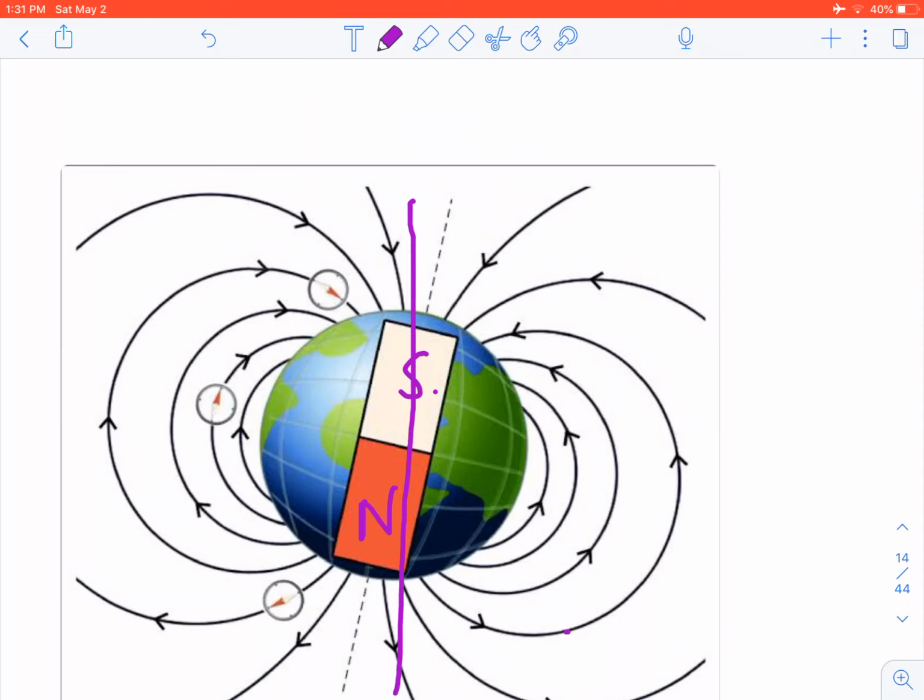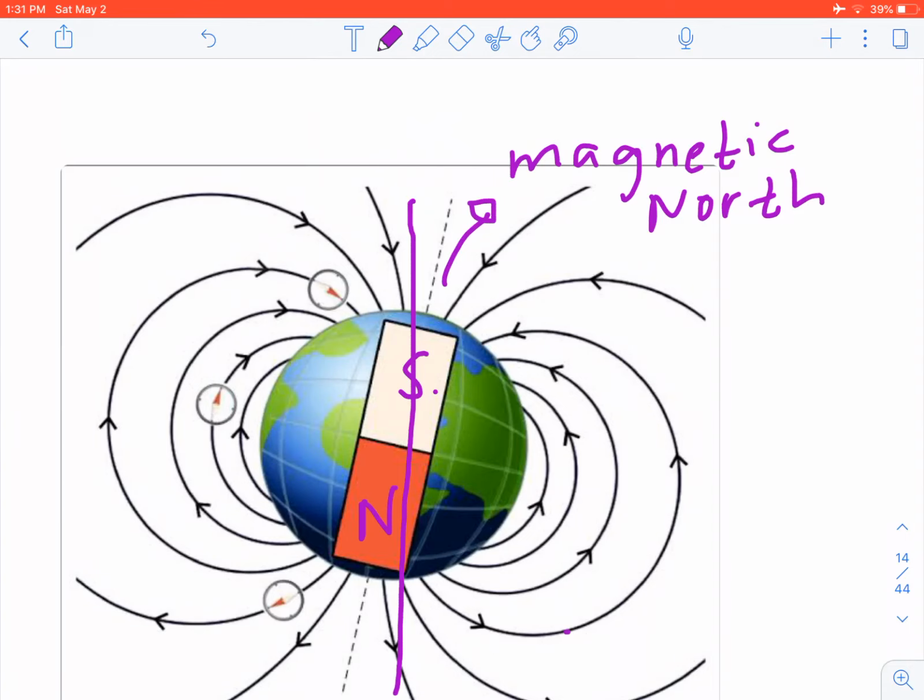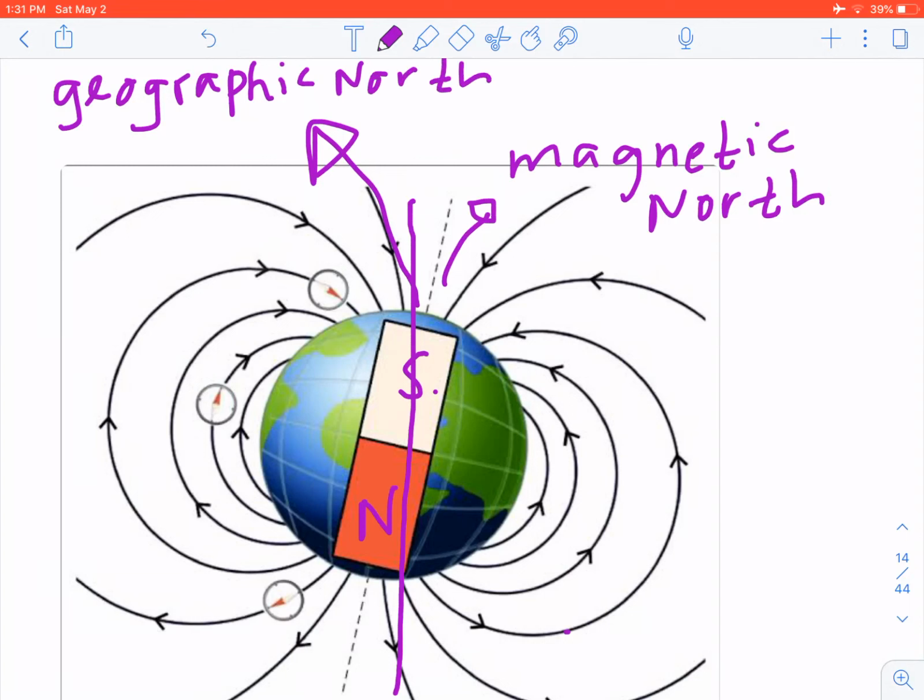And this area here is our magnetic north. And there we have our geographic north.